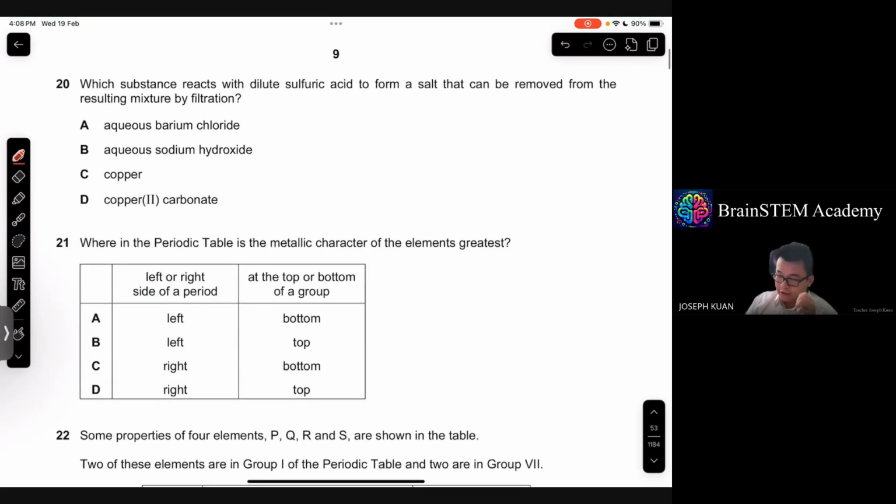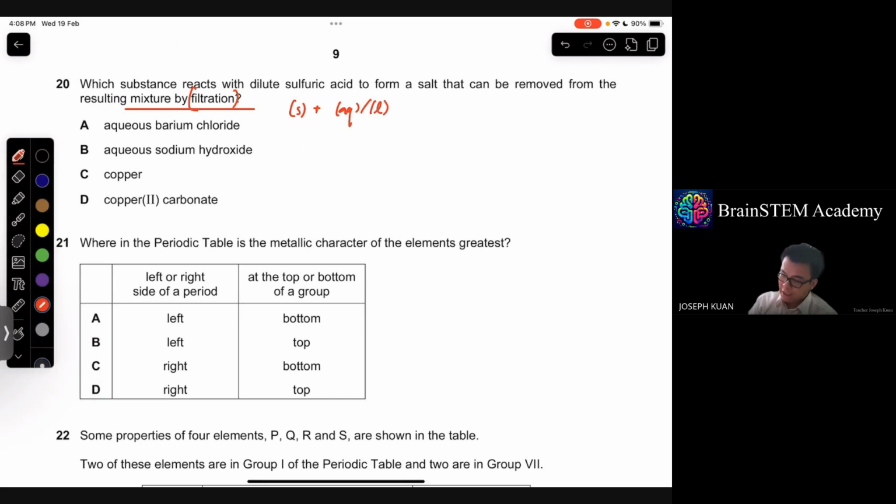Question 20. Which substance reacts with dilute sulfuric acid to form a salt that can be removed from the resulting mixture by filtration? Filtration removes a solid from an aqueous or liquid mixture. In that case, we have to form a precipitate.